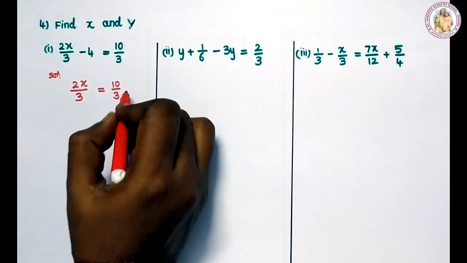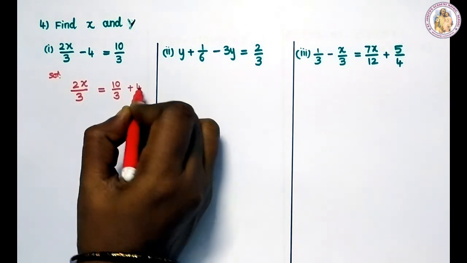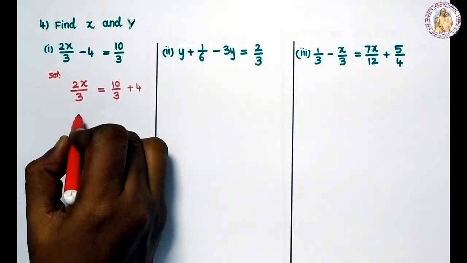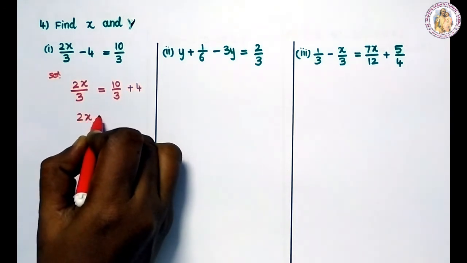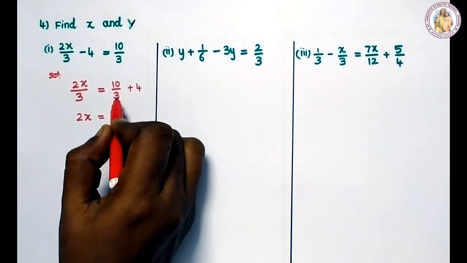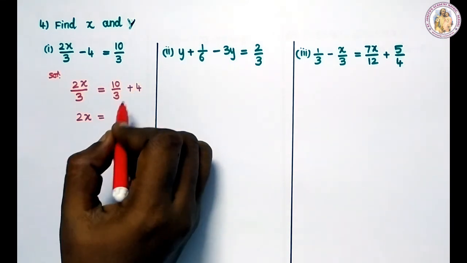Bring this side, it becomes plus 4. Now 2x equal to, multiply these two numbers, 3 and 4. 3 fours are 12.